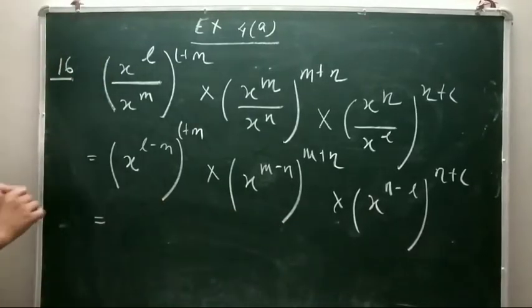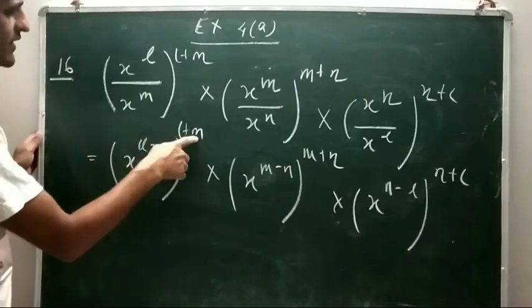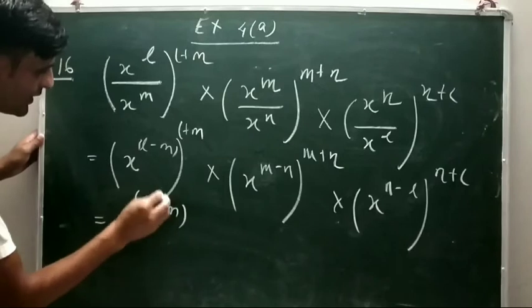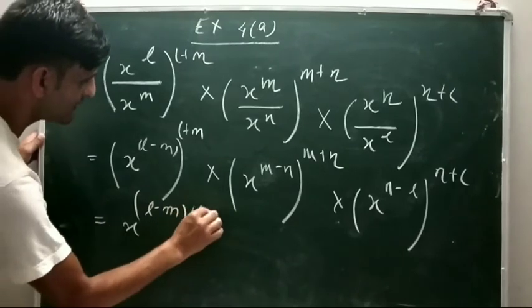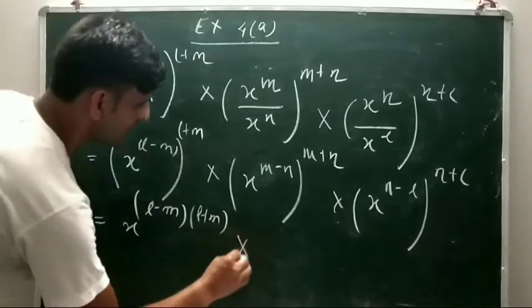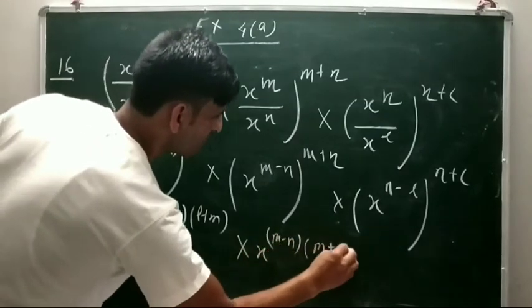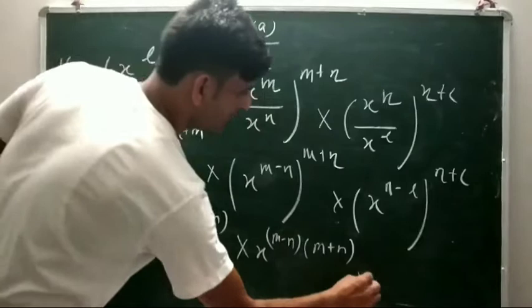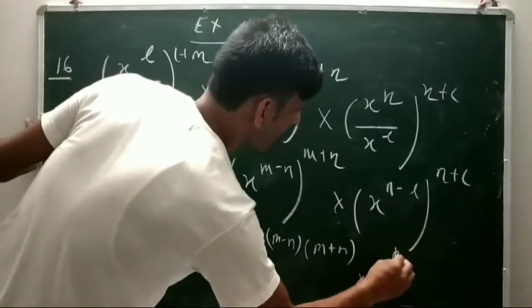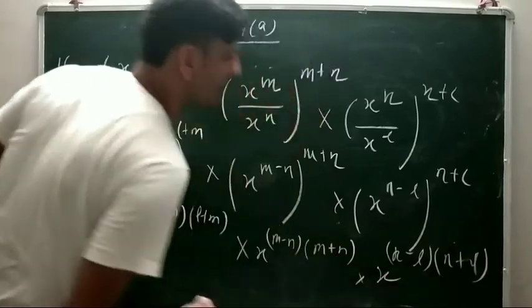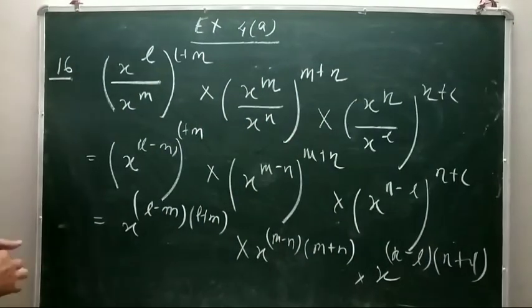See, it is a power and there is another power, so x to the power l minus m and l plus m. Similarly here x to the power m minus n, it is m plus n. Here also in that part x to the power n minus l and it is n plus l. So up to this we got.